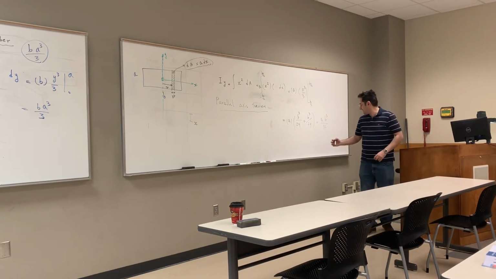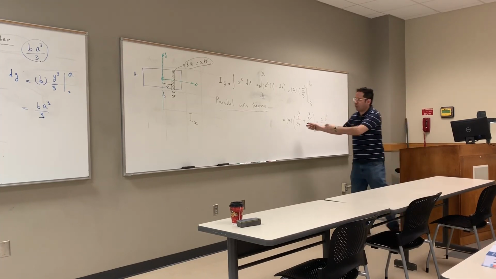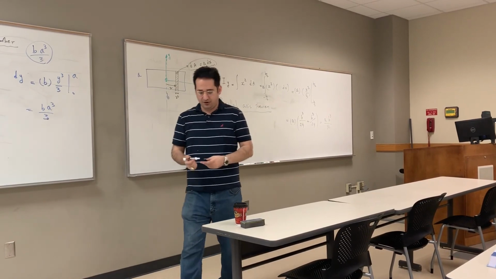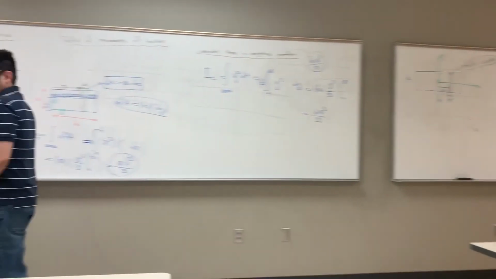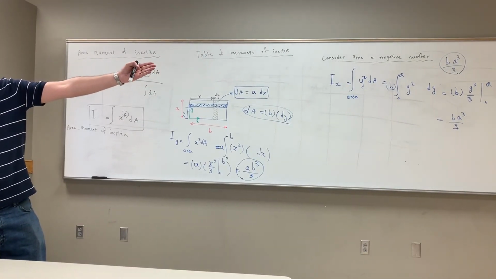Exactly, b h cubed over 12, because it's the same rectangle, just use a and b. Now go home and do this integral again and see if you can get the same result or not, just for verification. It's not big, it's just this shape.